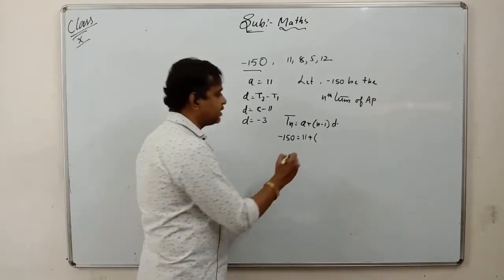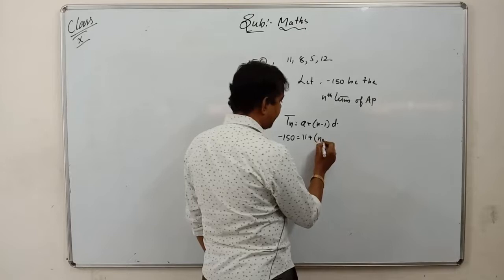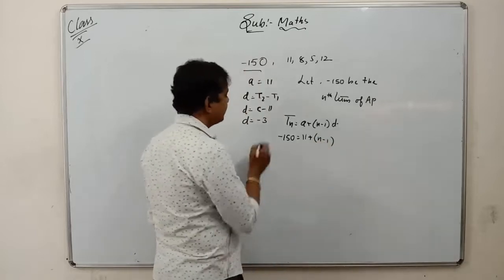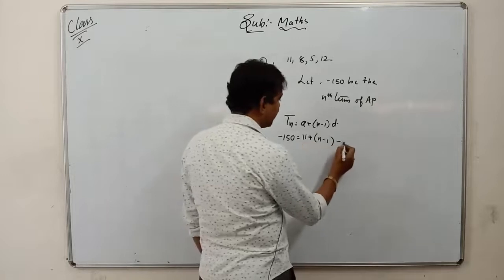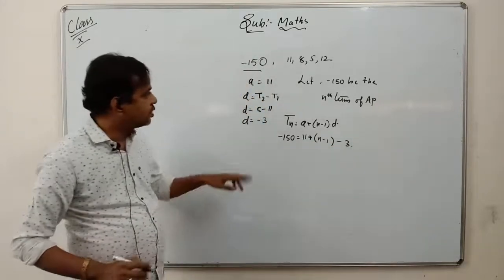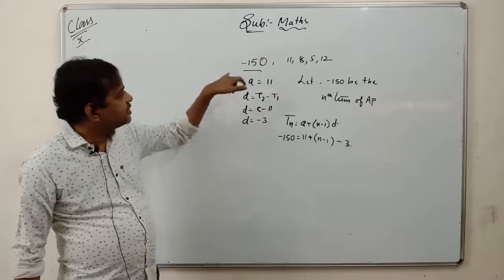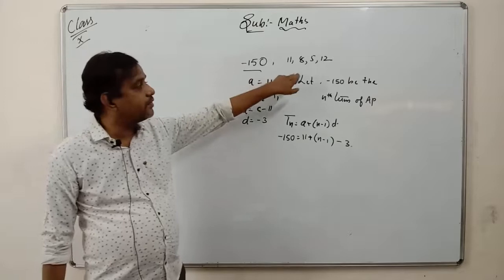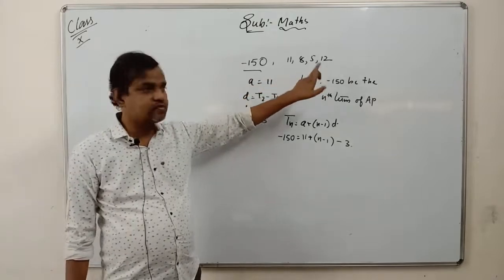So let us take n minus 1 only. And what is the value of d? d equals to minus 3. Okay. So which will be the 150th term of the sequence 11, 8, 5 and so on.